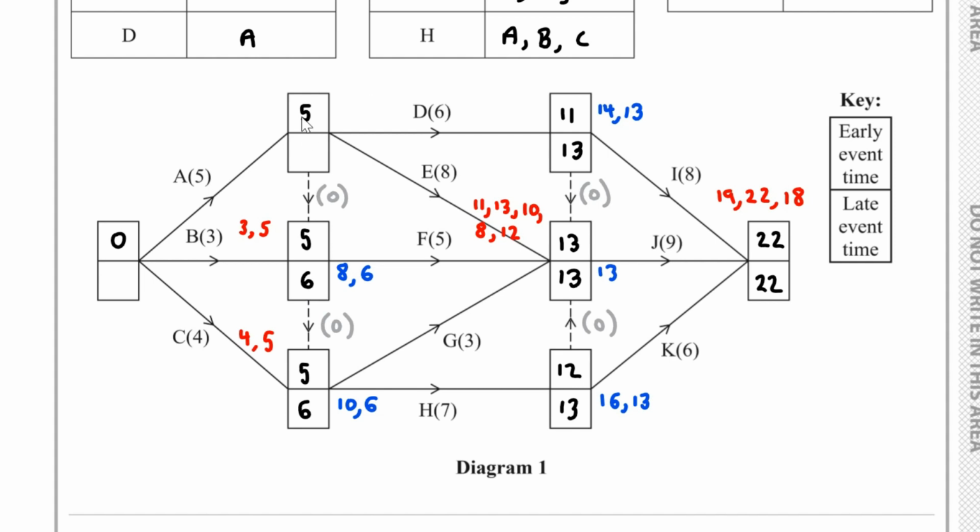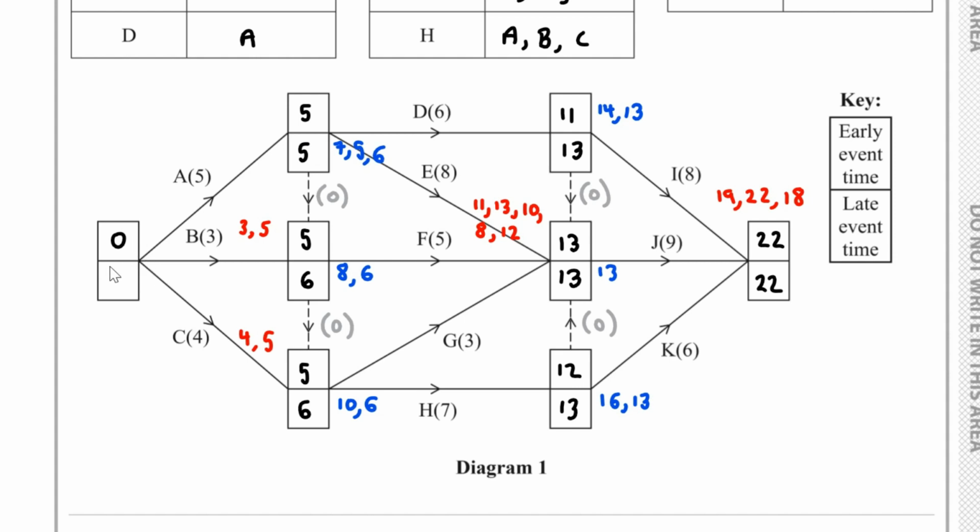And if we consider this over here, what's coming out is this dummy, the D6 and the E8. So let's work backwards. We've got 13 take away 6, that will be 7. We've got the 13 take away the 8, that's 5. And then we've got the 6 take away 0, that's 6. The smallest one, that's the 5.